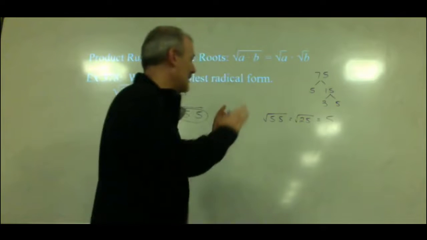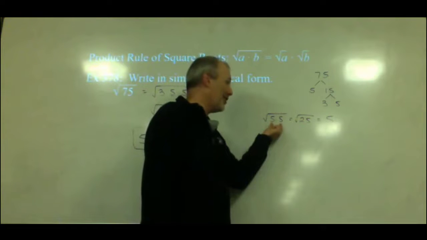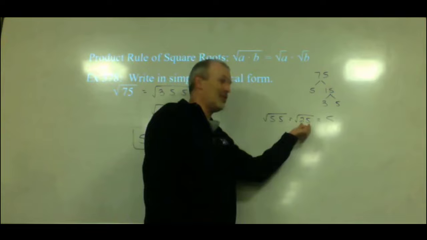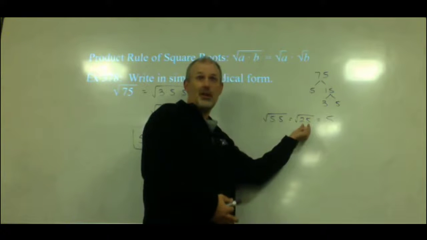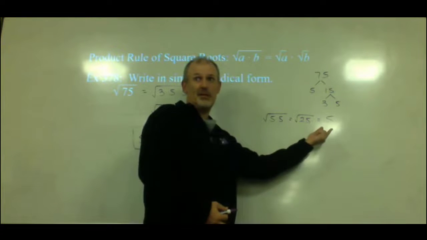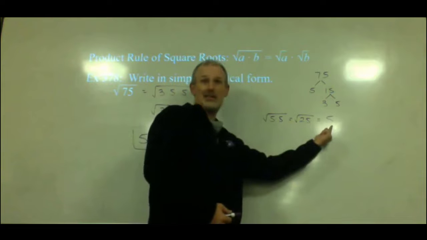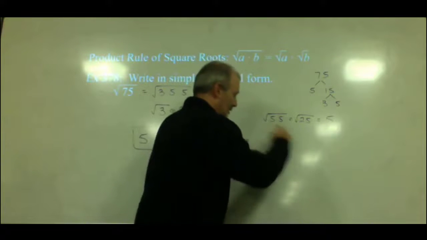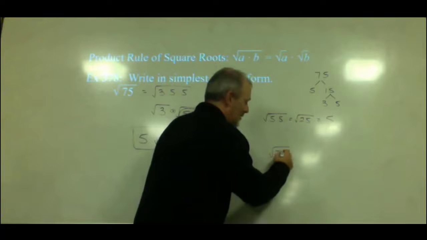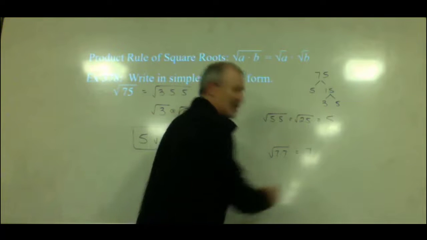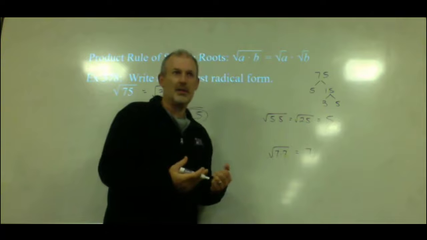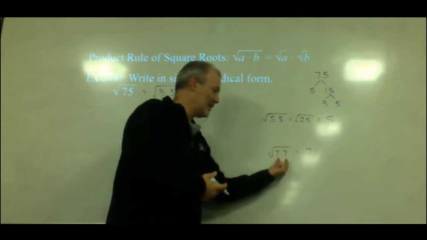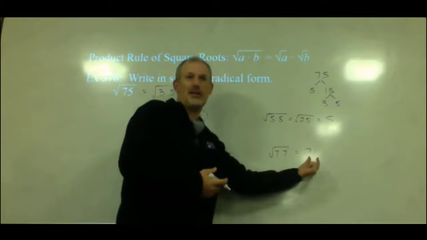The reason that happens is because when you have a pair, it always equals a perfect square, and you'll always be able to simplify. So if this was a separate example, square root of 7 times 7, we know that's going to equal 7. This pair inside the radical will always turn into that.